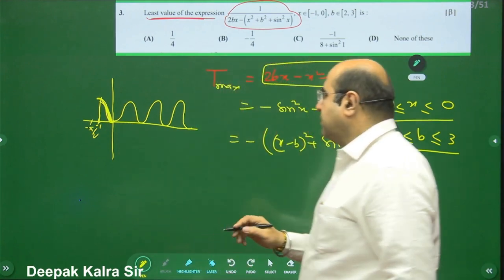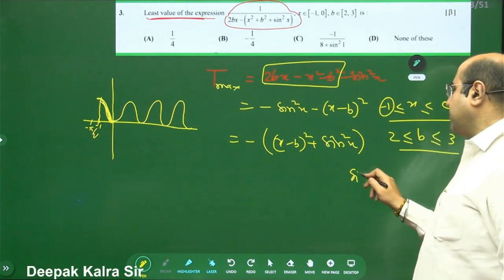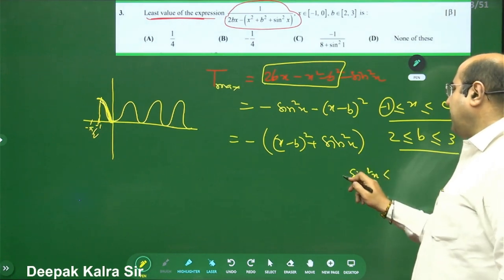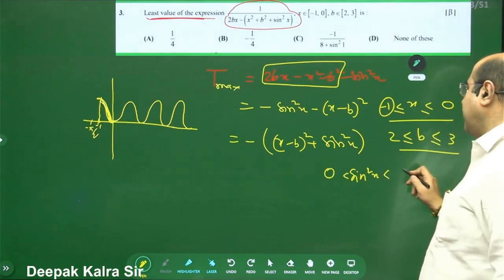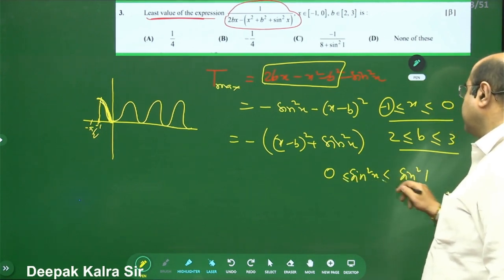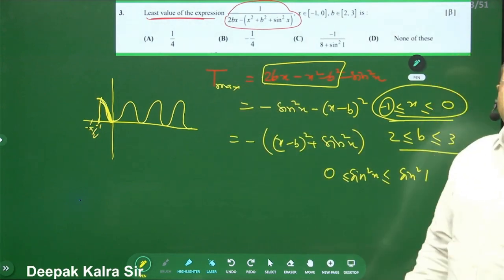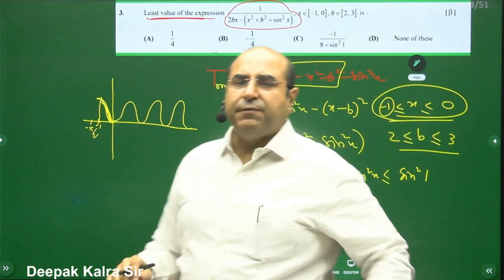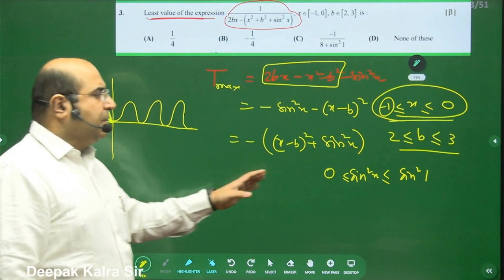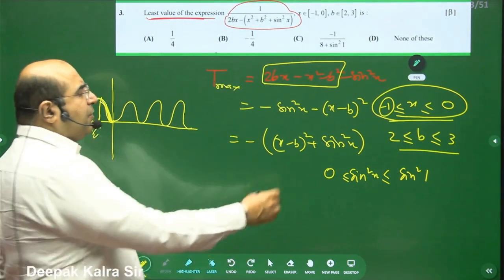So when x lies between minus 1 to 0, your sine square x will lie between 0 to sine square 1. Am I clear? The value should go from 0 to sine square 1, which you can easily make up. You understand easily. Right?